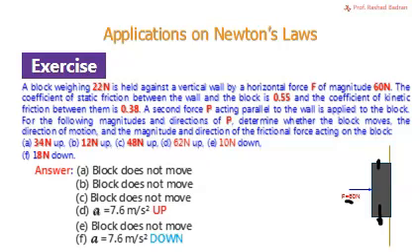For part B, 12 newtons up, again the answer is the block does not move. So you have to tell us why the block does not move. And part C, 48 newtons up. Also in part C the answer is the block does not move.